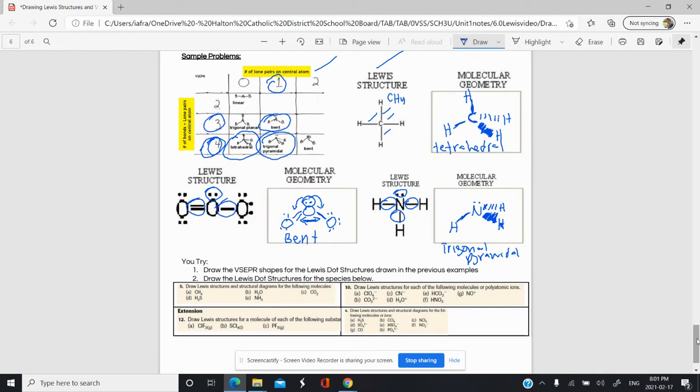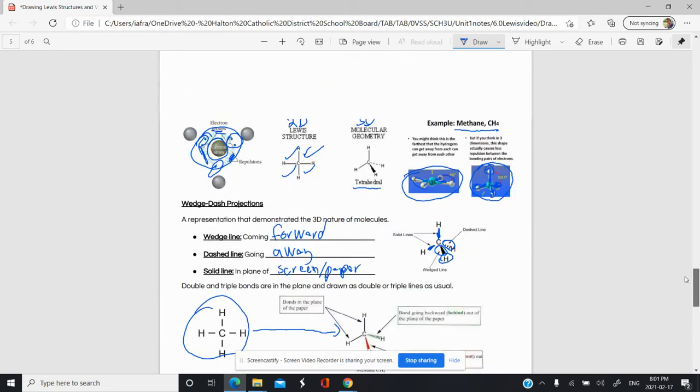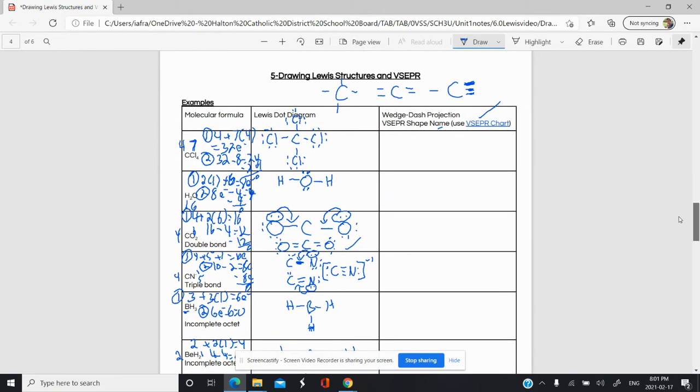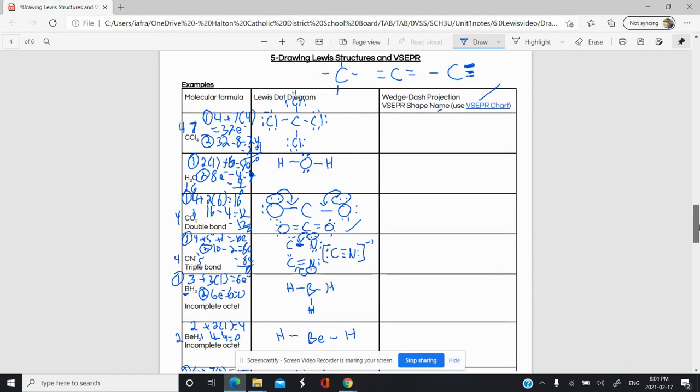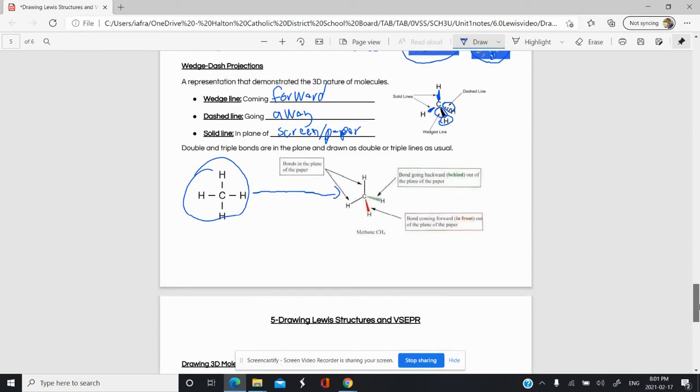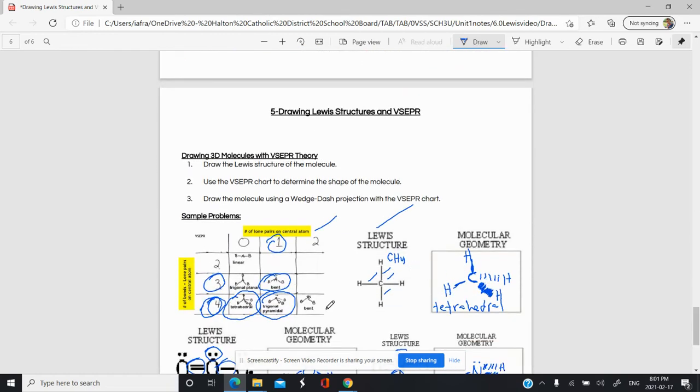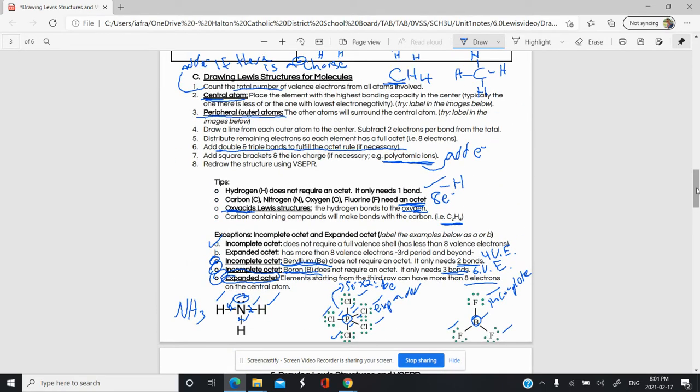So you should be able to go and do the same exercise with the examples we did in the previous video for the Lewis structures, and actually we'll do that together here. So you can use the VSEPR chart to find the name and the shape, and the VSEPR chart is basically just this thing over here. It's found in a data table for you.